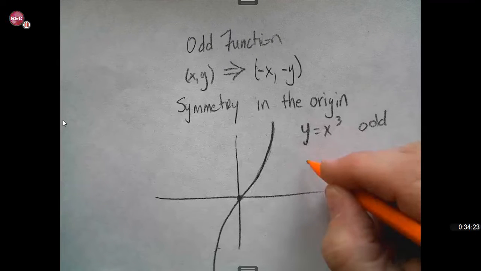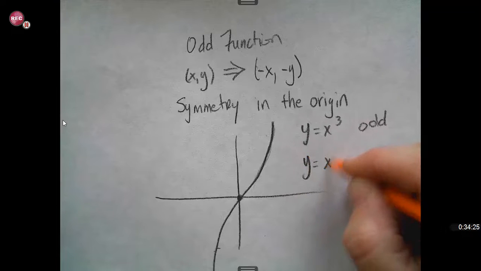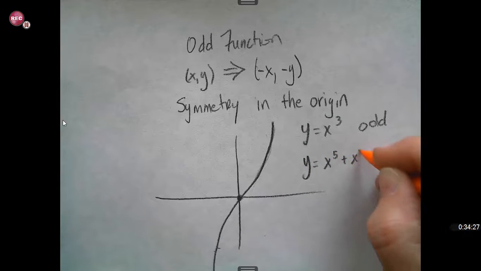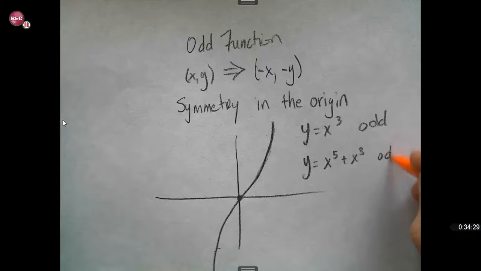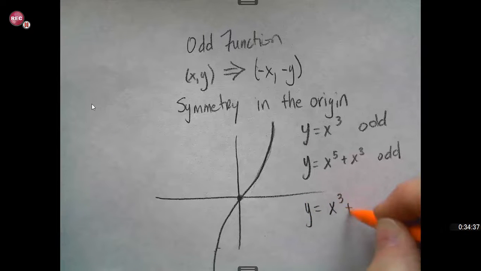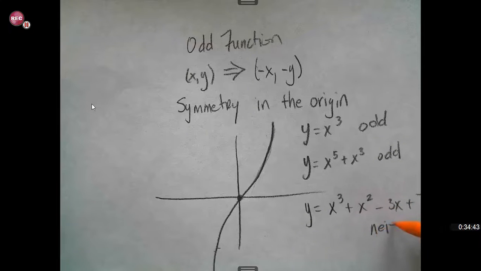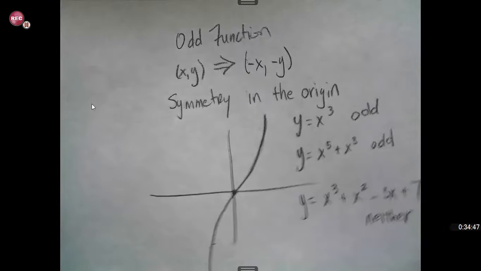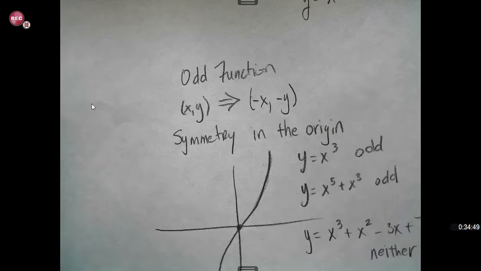If I have y equals x to the 5th plus x to the 3rd, that will be an odd function because all of the exponents are odd. But if I look at y equals x cubed plus x squared minus 3x plus 7, that's going to be neither because the even and odds are mixed.